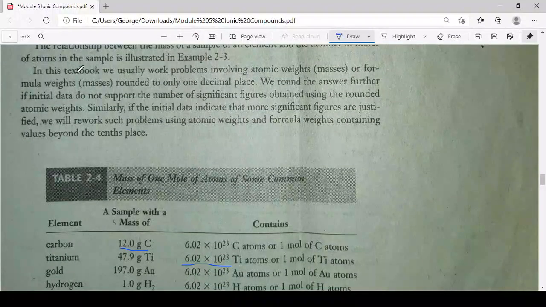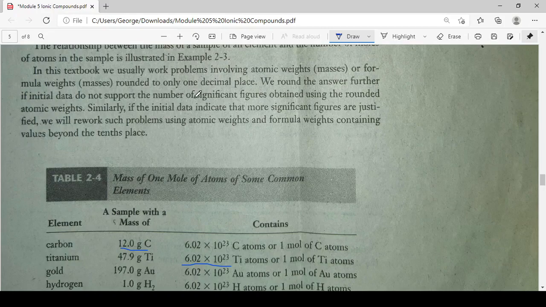In this textbook, we usually work problems involving your atomic weights or masses or formula weights rounded to only one decimal place. Again, it is only rounded to one decimal place. We round the answer further if initial data do not support the number of significant figures.